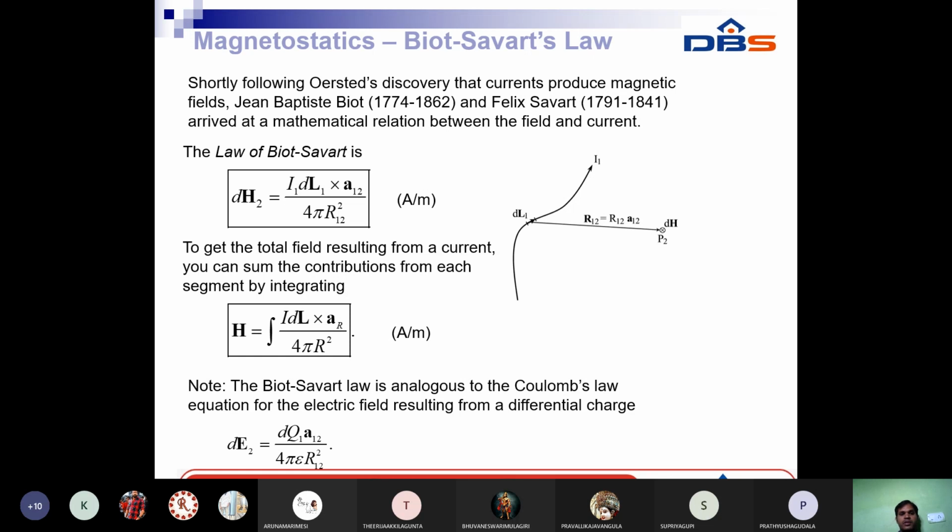This is the formula which helps us calculate the magnetic field intensity at any given point.